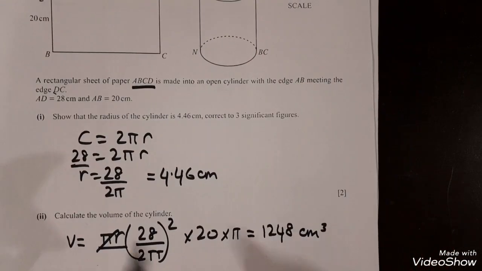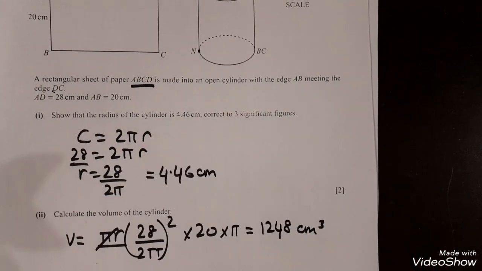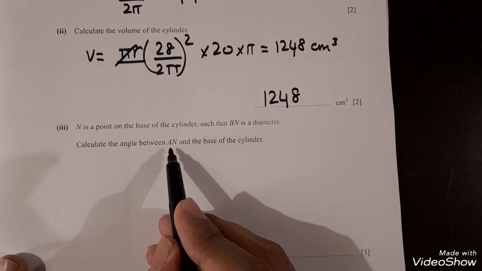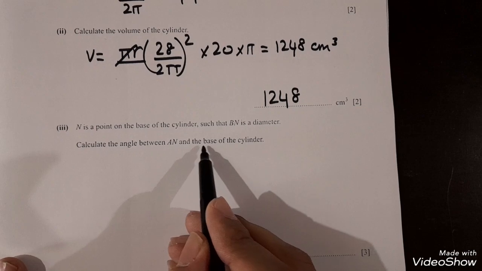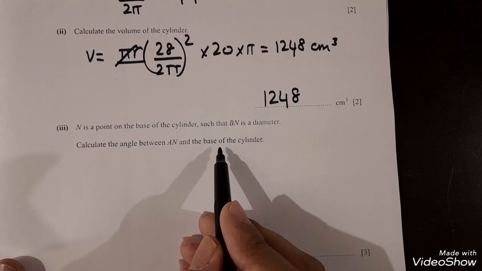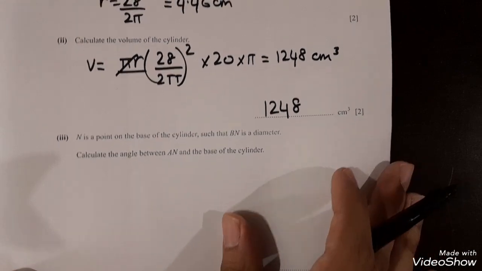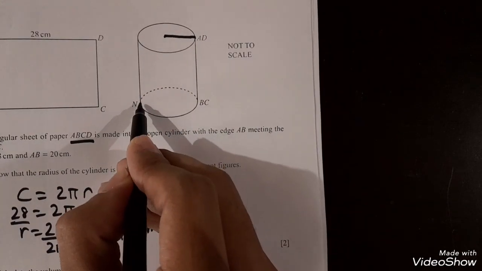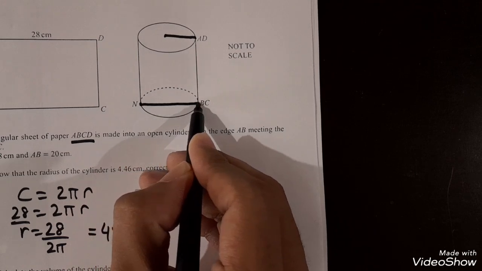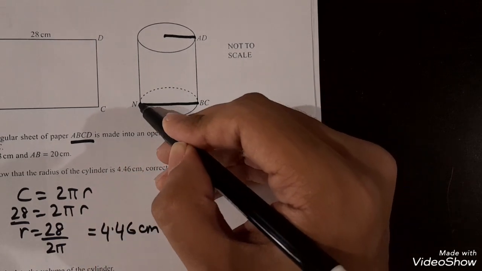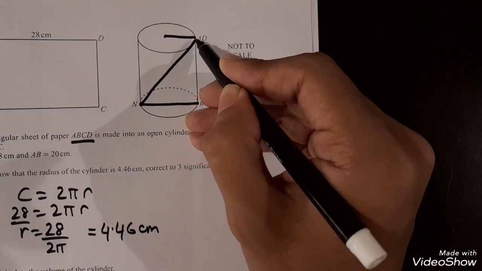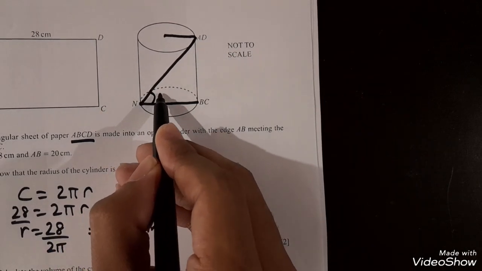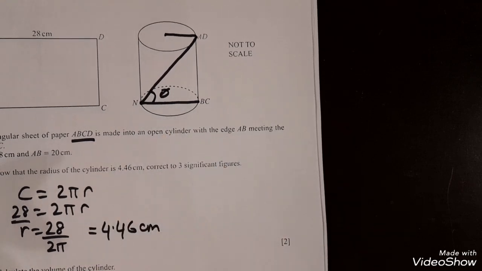Now part 3 states N is a point on the base of the cylinder. Over here we have the point N. Now calculate the angle between AN and the base of the cylinder. What we have to do is take a straight line from N to BC and a straight line from N to AD or point A. Now we have to calculate this angle.